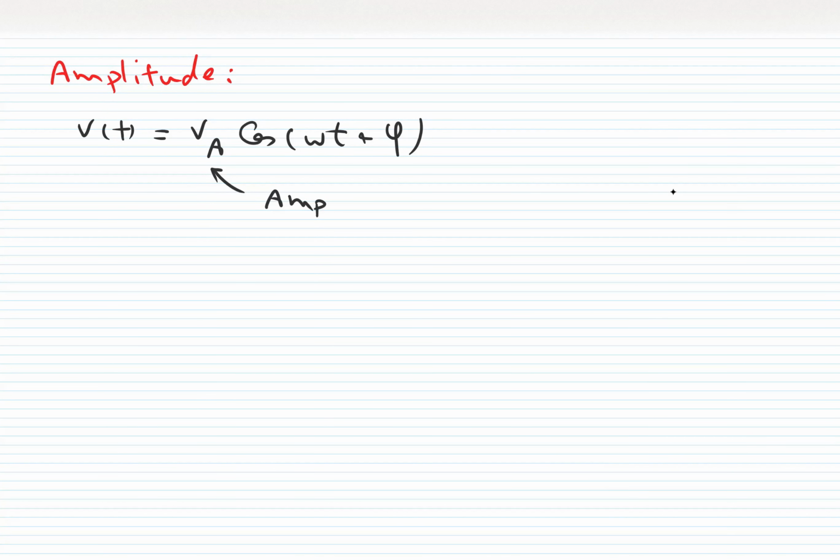But amplitude itself has different definitions. We have different types of amplitude. So in general, we have four different definitions for amplitude.